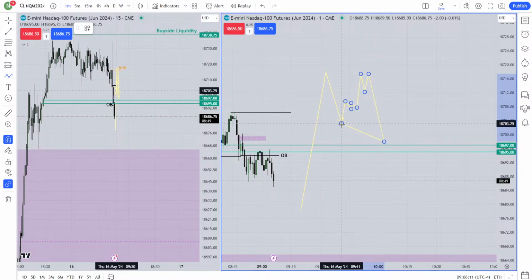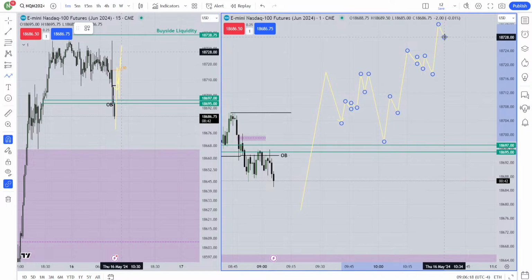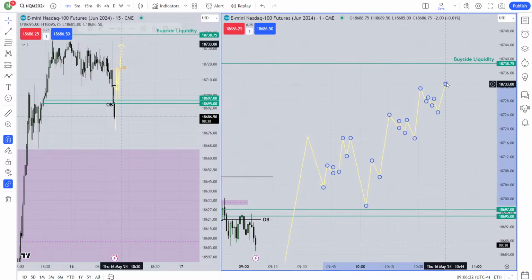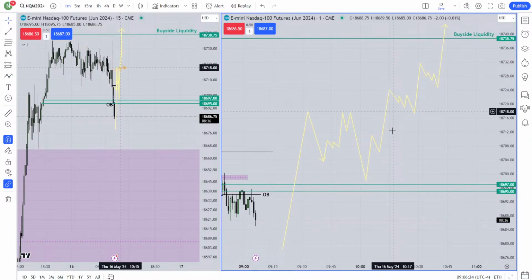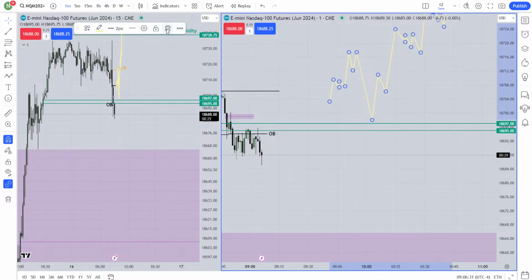It will take this low, then here. Same thing, repeated again and again, taking the buy side and sell side liquidity. This is only valid for Wednesday and Thursday.